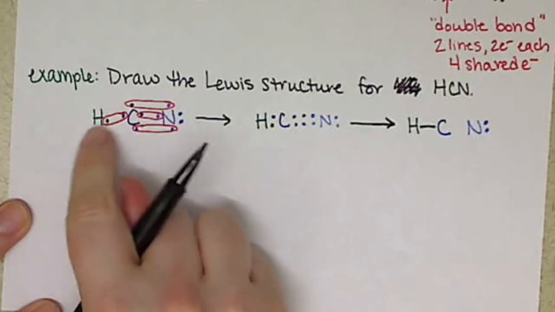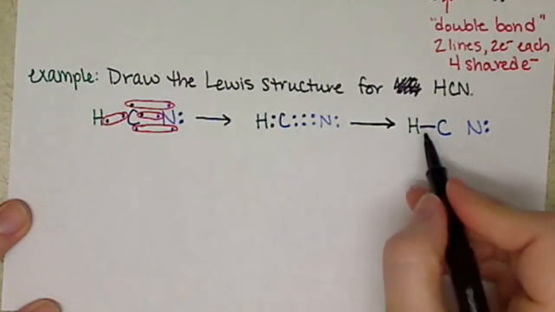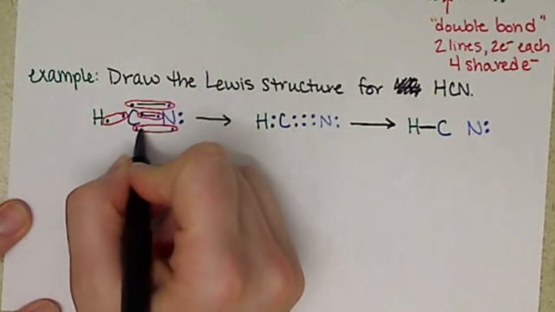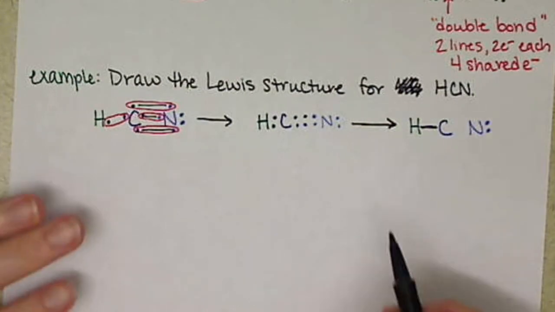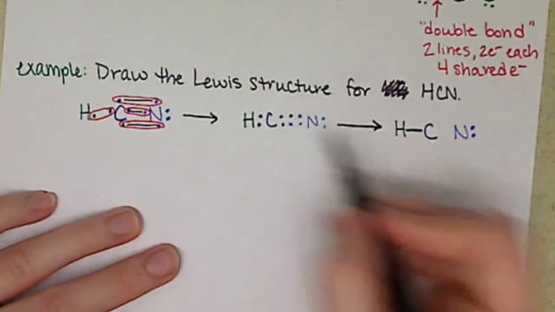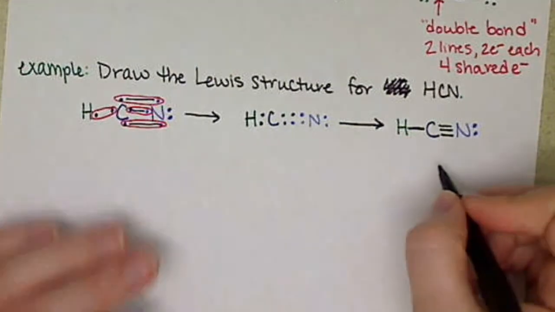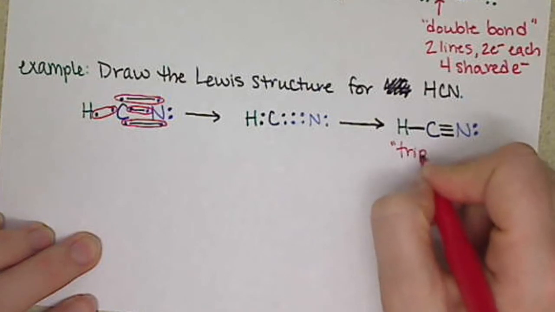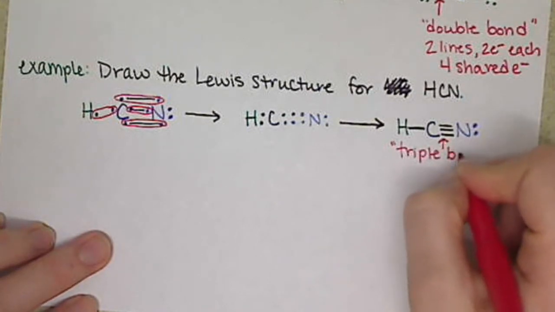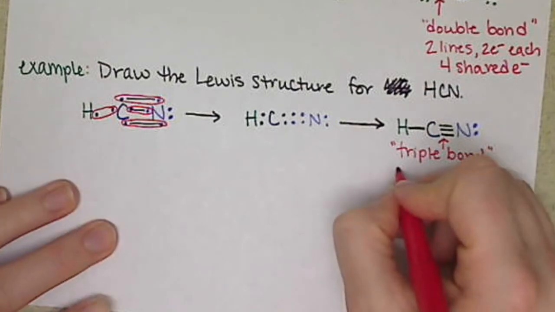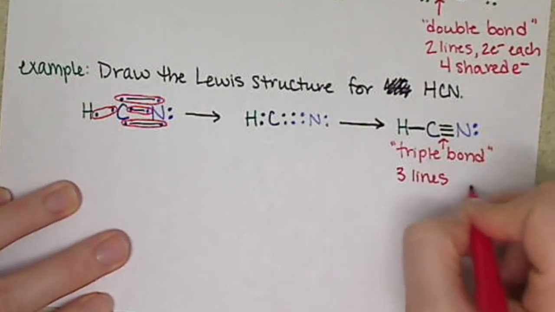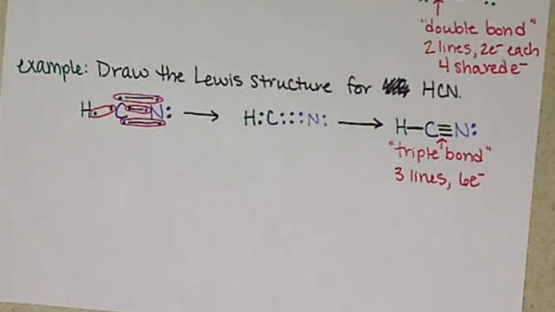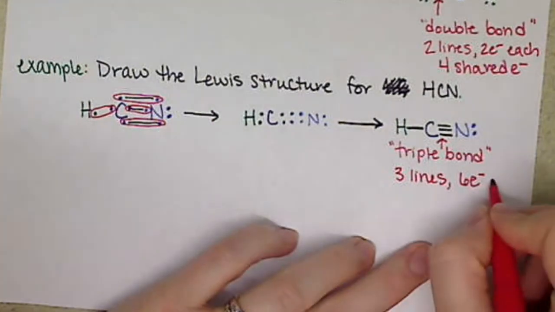So we have a single bond between carbon and hydrogen, just 2 electrons, so we have 1 line. Then between carbon and nitrogen, we have 2, 4, 6 electrons being shared, where you can see the 6 electrons there. So we draw 3 lines. That's called a triple bond. So we have 3 lines or 6 electrons that are shared.